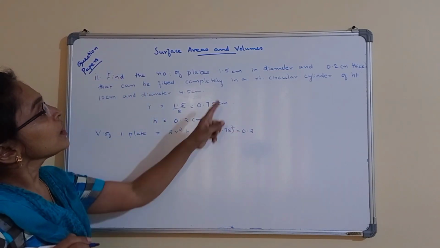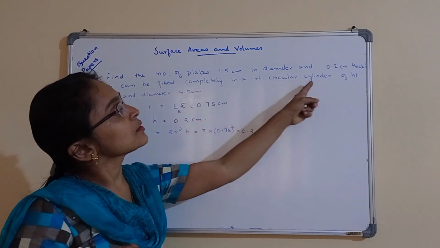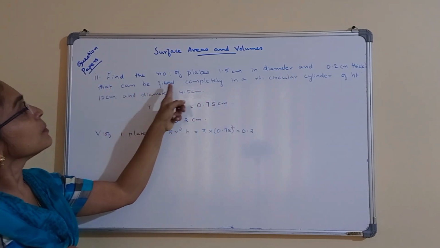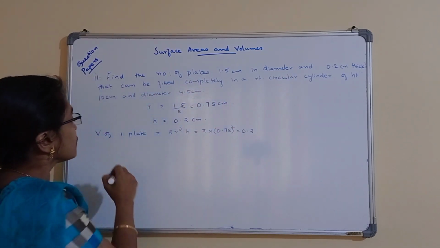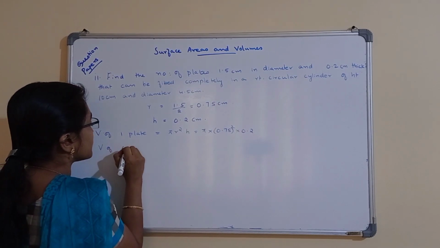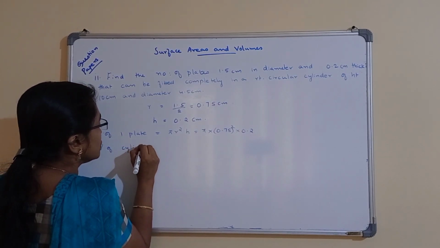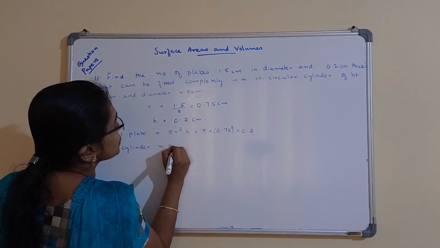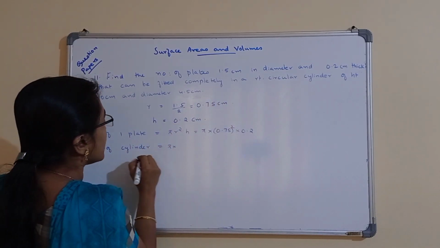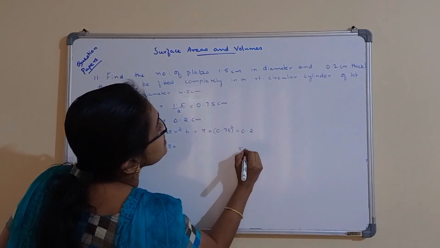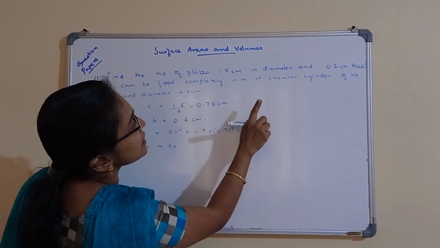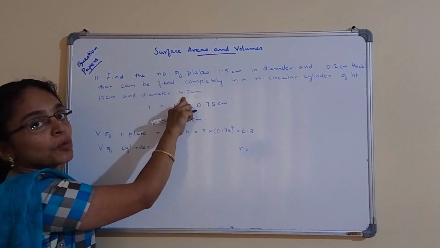Okay. Now, volume of the right circular cylinder. Volume of cylinder is equal to pi into r square into h. Here h is equal to 10. Diameter is 4.5 centimeters.